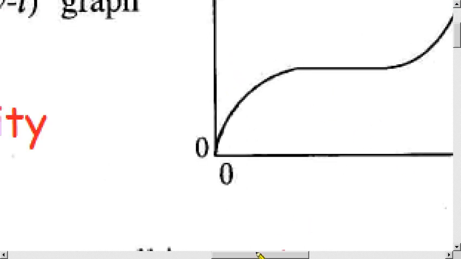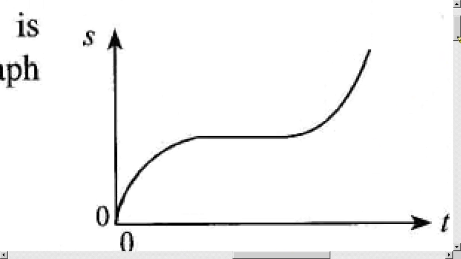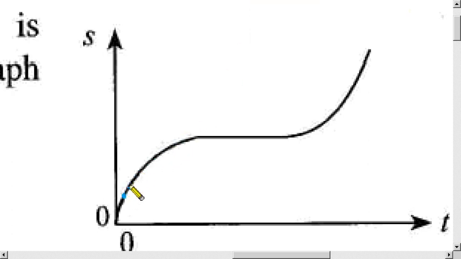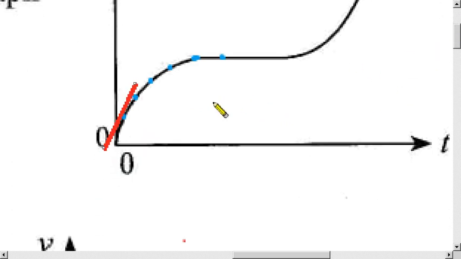So children, let us observe this graph closely. Let us mark several points along this graph like this: point 1, point 2, point 3, point 4, point 5, then point 6, like this for a beginning. So let us draw a tangent like this to the graph. This tangent is valid for this first point, because that is where it is touching the graph.